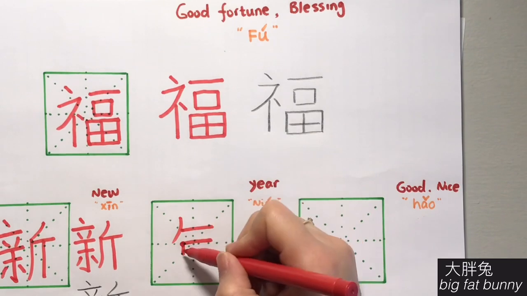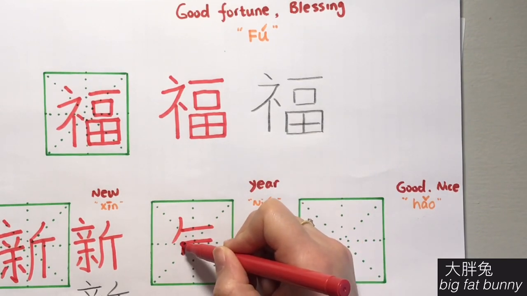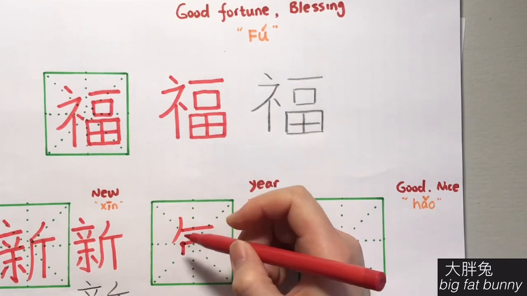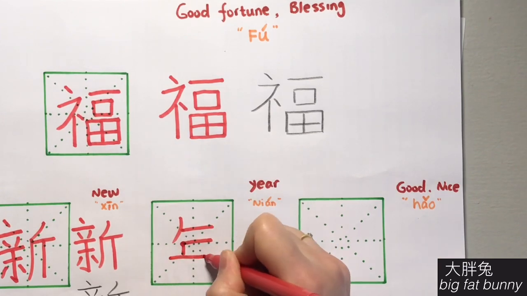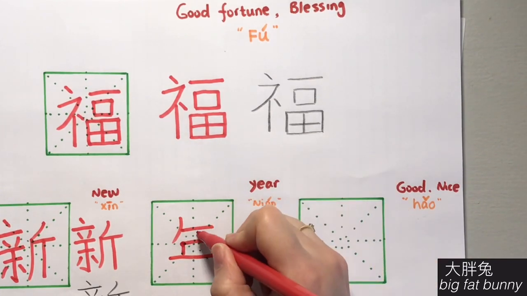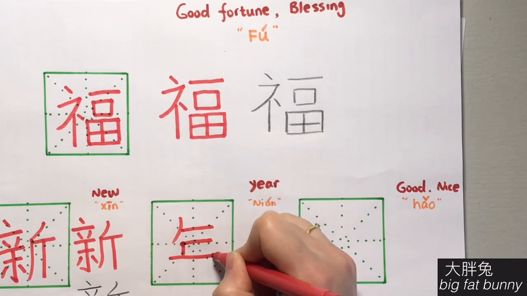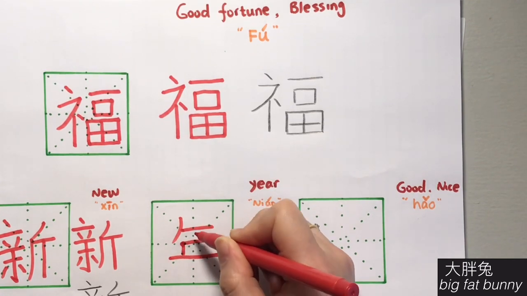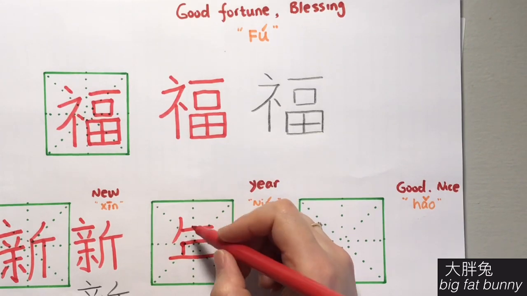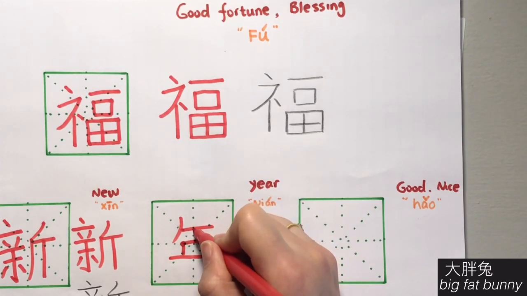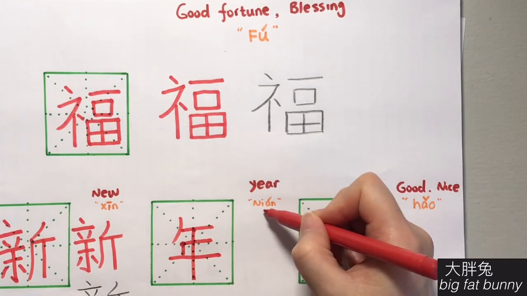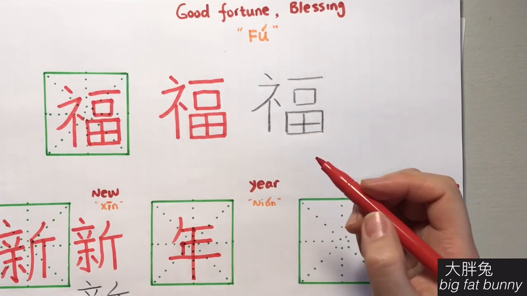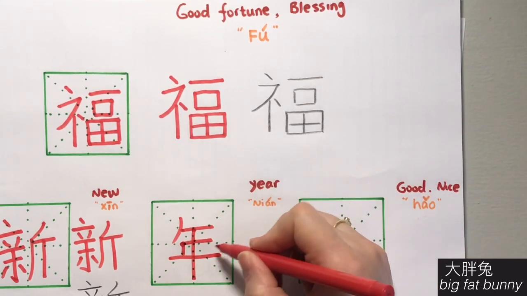Okay, so this one is just a little shorter bar, not very long. The next one is the longest, like that. So the bar at the bottom is longer than the one in the middle, which is longer than the one on the top. The last one is in the middle, a little stick. This means year. 年 goes up. 年. Let's write again. This is easier, isn't it?